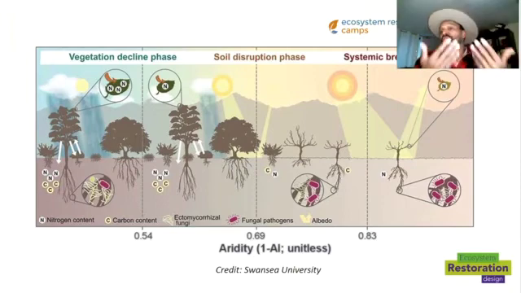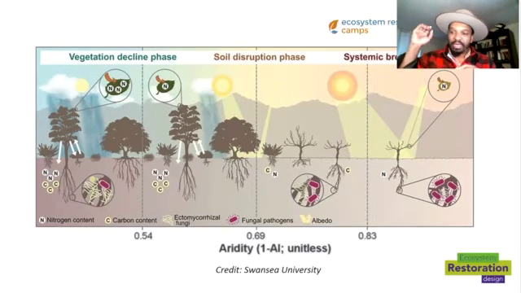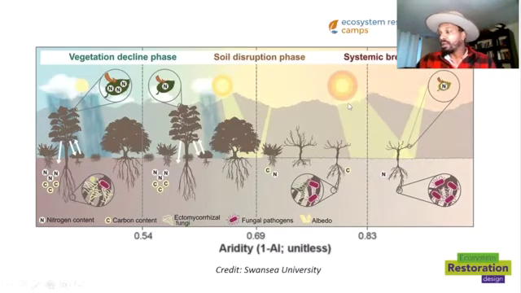And then once the soil is disrupted, you begin to see a broad systemic breakdown, which is manifested not only in the disruption of the terrestrial dynamics, but also in the atmospheric dynamics. You can see this reflected here in the figure, highlighting albedo.